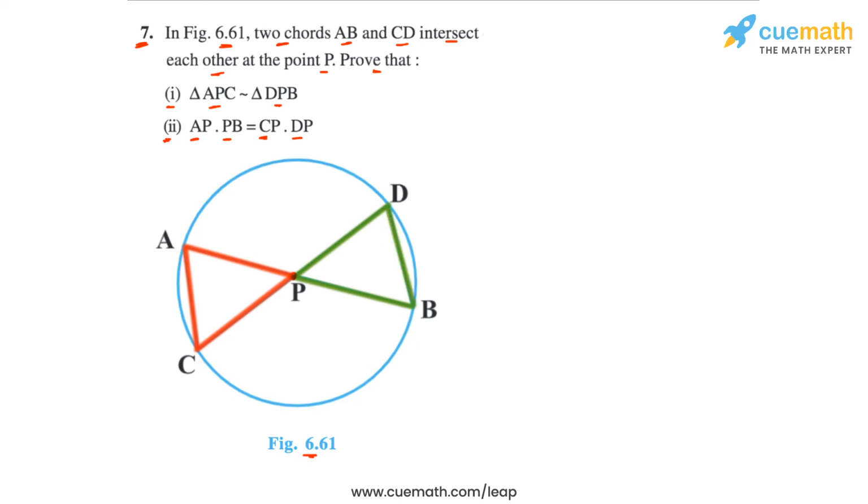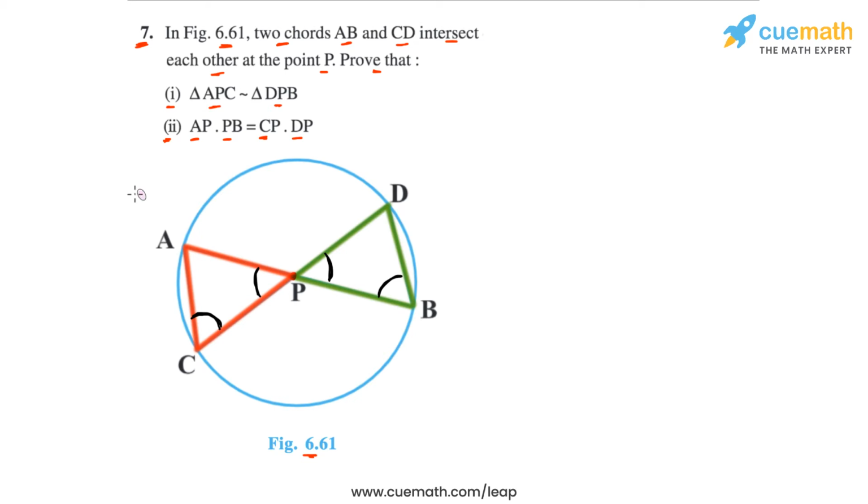So we don't have any information about the sides of these triangles, but we can find out the relationship between the corresponding angles. How? Well, this angle in APC is equal to this angle in DPB because these are simply vertically opposite angles, and this angle in the first triangle is equal to this angle in the second triangle. And why is that?